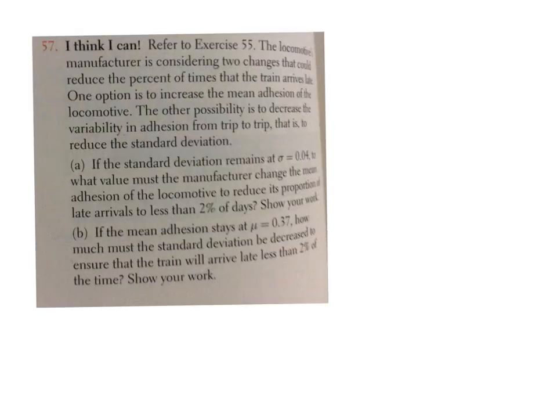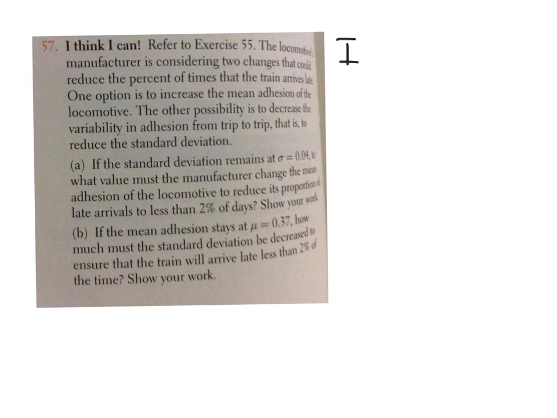Okay, so these are a little bit different, this problem here. We are going to look at the average adhesion rate, or mu. What would we have to change that to in order to maintain this less than 2%? Okay, late arrivals. So in other words, here I am going to figure out the z-score for 2%, which means I need to do the inverse norm.